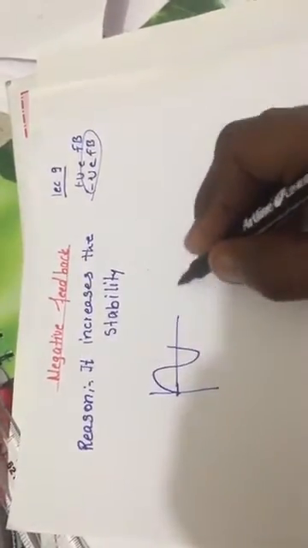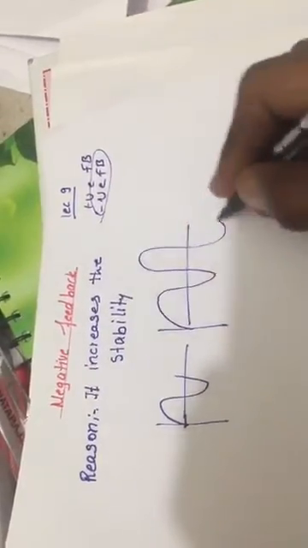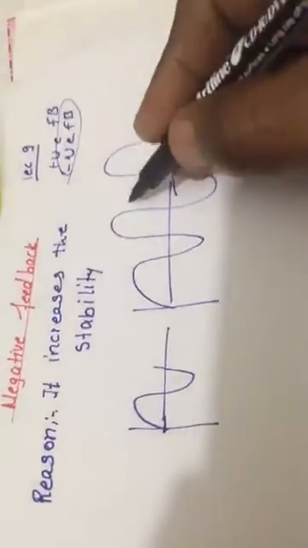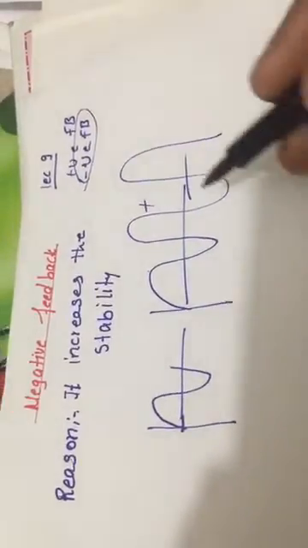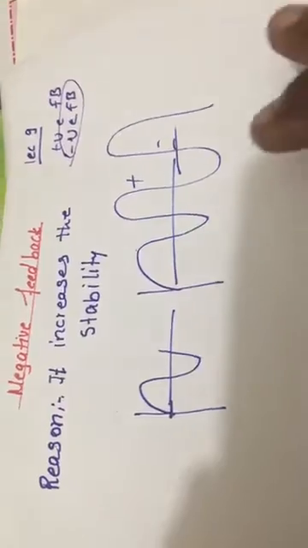If the input is like this, then the output becomes a very large number. If we have positive feedback, then it will increase more and more. But if we have negative feedback, then it will start to negate it, to minimize it. So that's why, to get stability, we are using negative feedback in amplifiers.